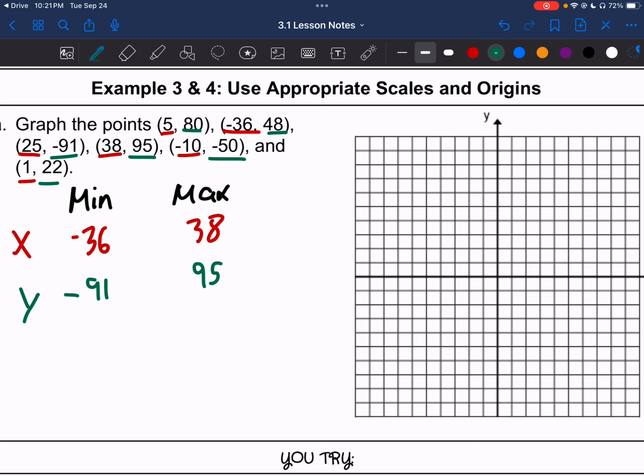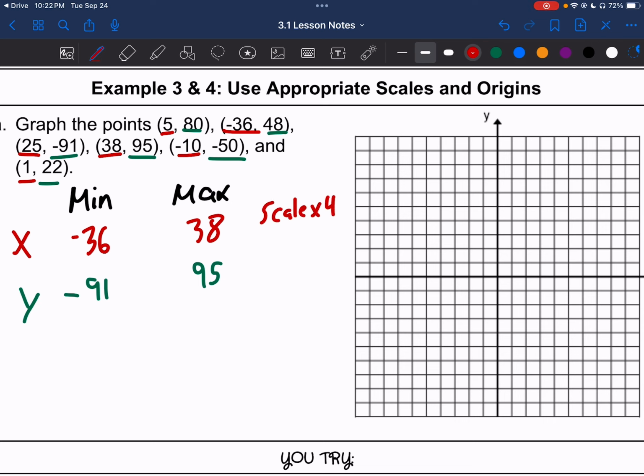So if I'm looking at my x values, I see that negative 36 and 38. I'm trying to think of what I can divide 10 by that I can easily work with and still get to negative 36 and positive 38. And the value I think I'm going to want to break this down into is a scale of 4.